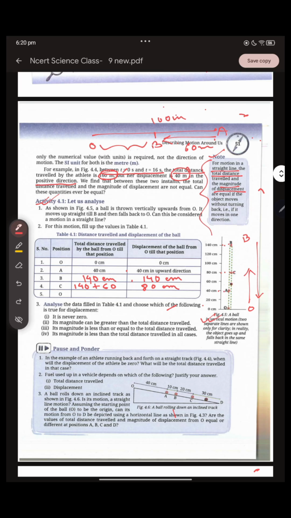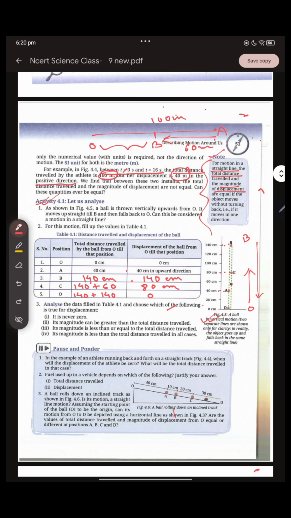Now for position O, the total distance travelled by the ball from O is, it is moving O to B, which is 140, and again coming back another 140. That is the total distance traveled, if it is moving from O to B and B to O. But displacement is again 0.